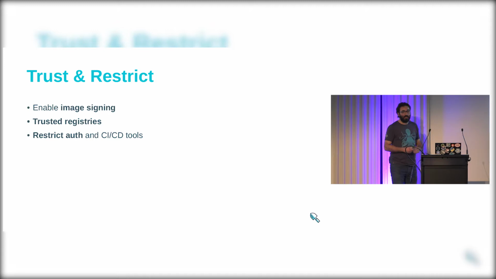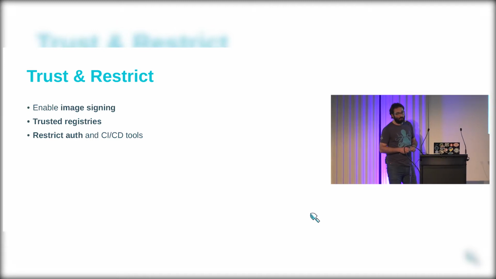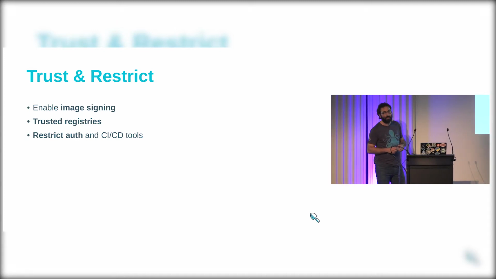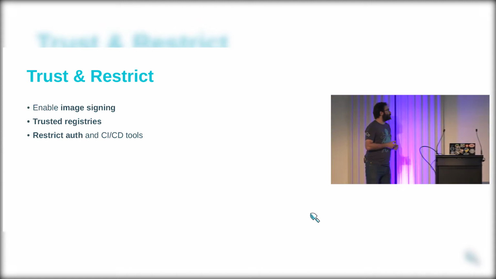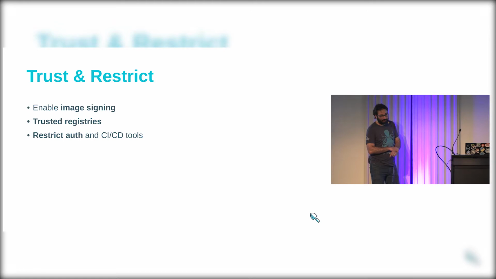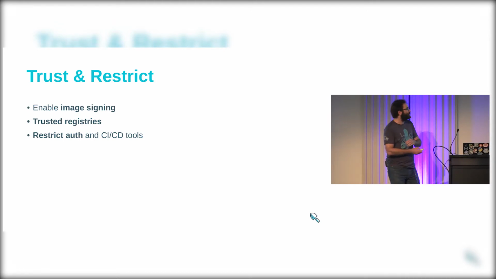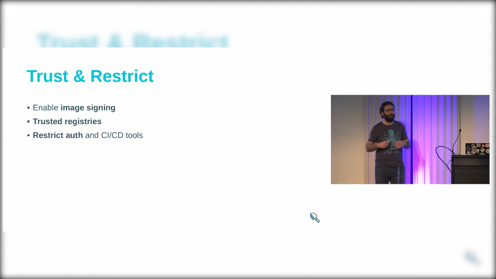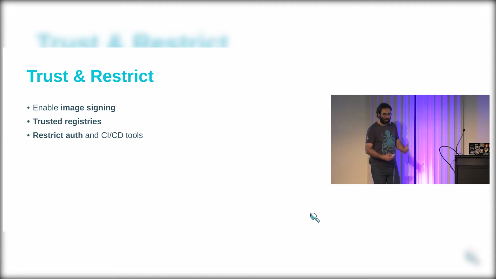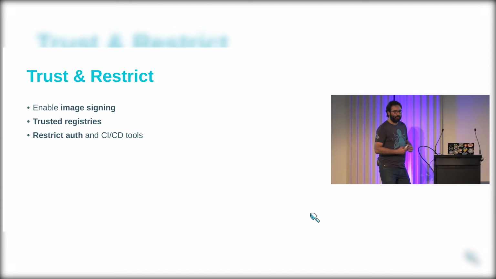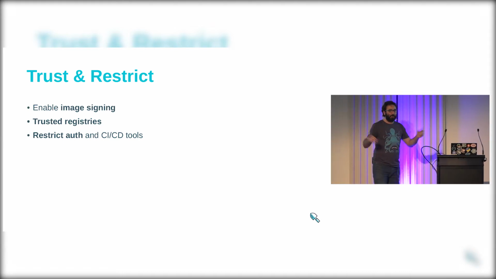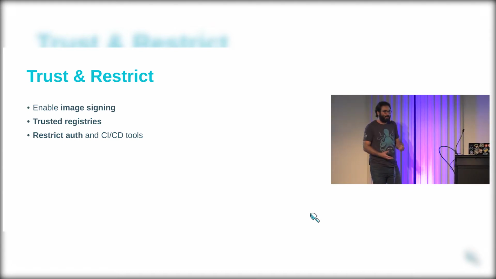Enable image signing. I mean, you can sign your images and make sure that you are using signed images. Trust only your registries, not the ones that you are deploying, but for example, if you are using Quay or the OpenShift internal one, you can trust it, but try to avoid installing from several places that you don't know.